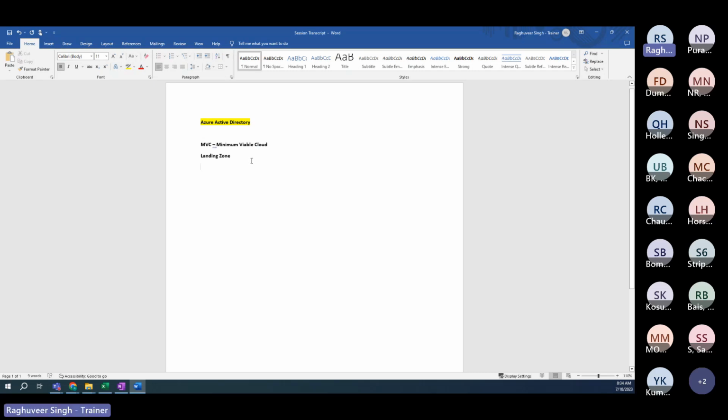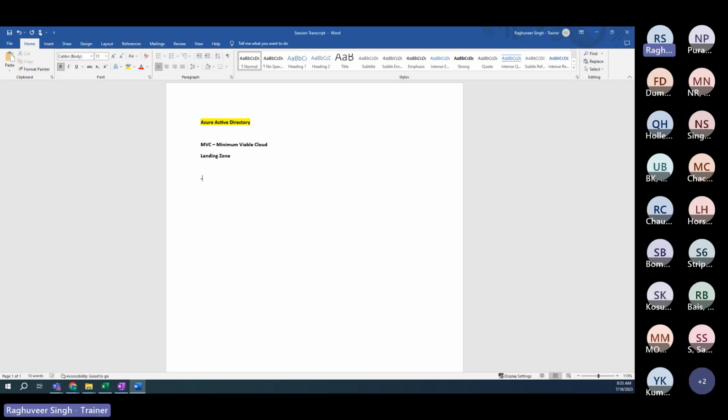This basically means that before a customer migrates the very first application or server into the cloud, or before a customer starts to build a cloud native application, there has to be a skeleton built in the cloud, a minimum set of services that needs to be configured so that those services can then be used to put the applications when they are migrated into the cloud, or to support the application build environment.